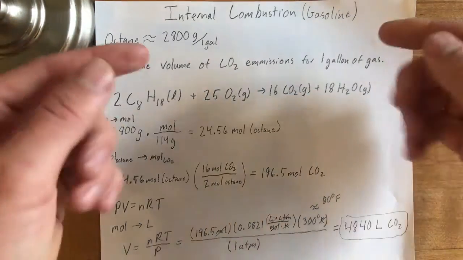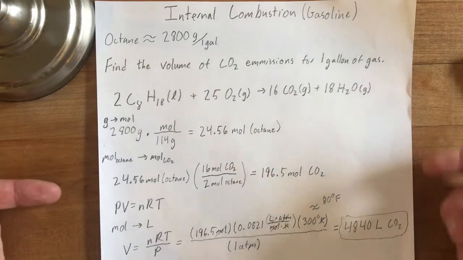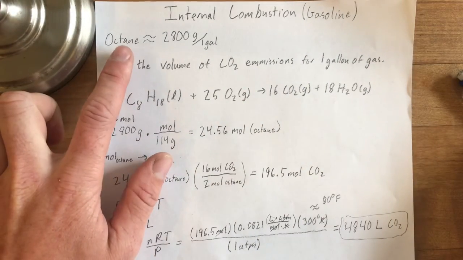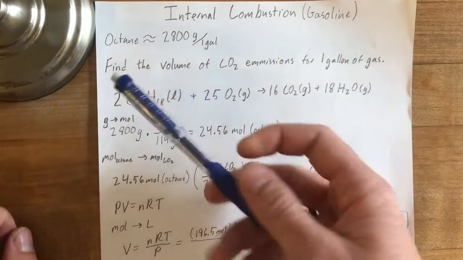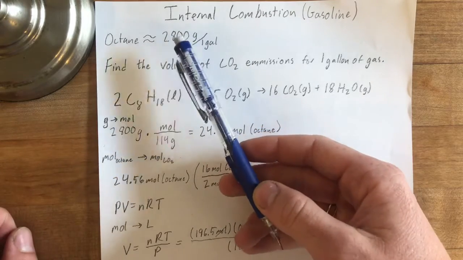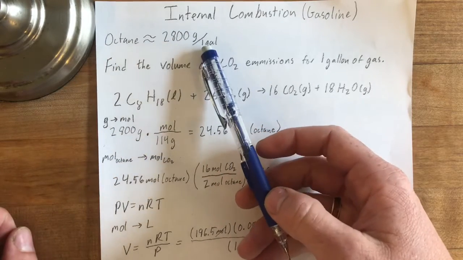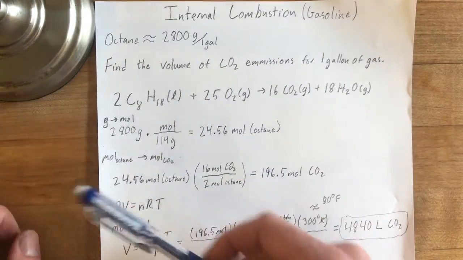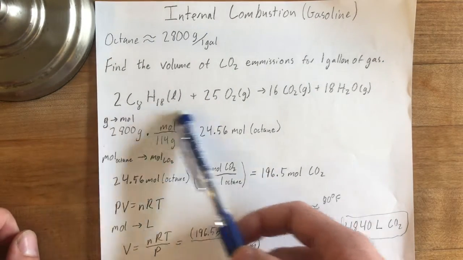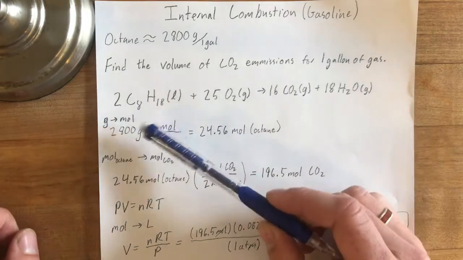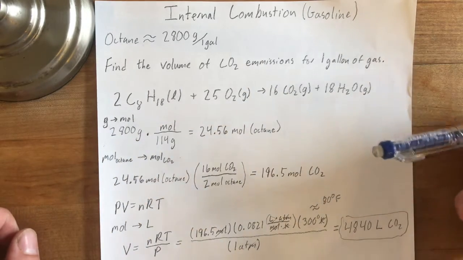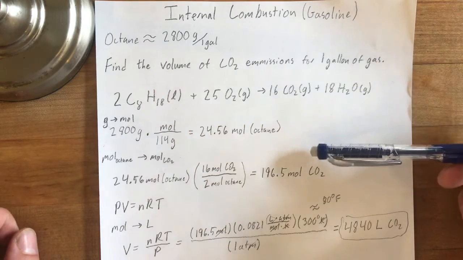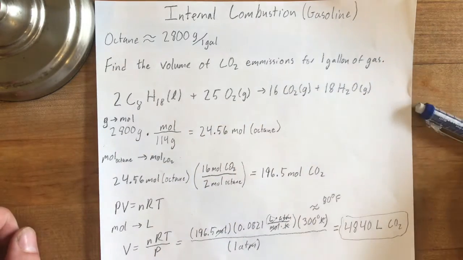So to find the emissions that come off of a gallon of gas, we use the main ingredient, octane, which is 2,800 grams per gallon, and we can use that along with the chemical equation for the combustion of octane to find how many CO2 emissions per gallon of gas are emitted through the exhaust pipe.